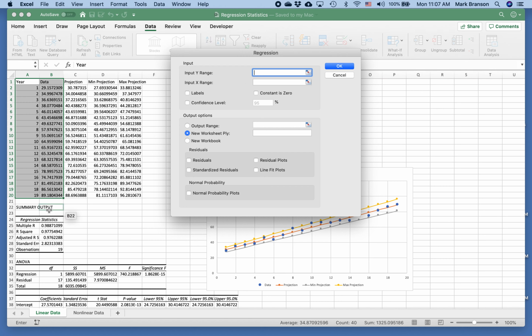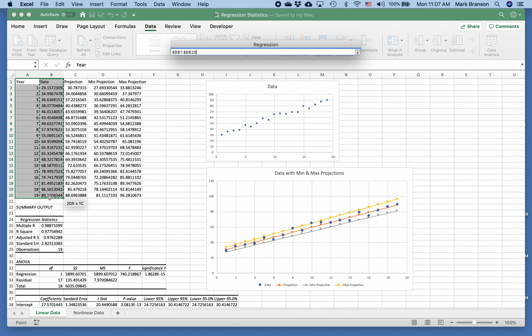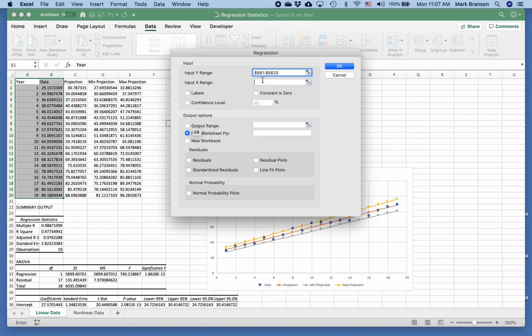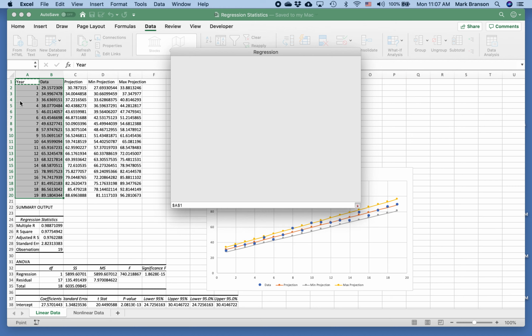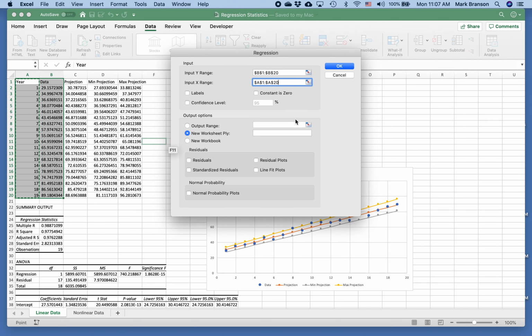I put in my Y range, B1 through B20, put in my X range, A1 through A20, selected labels, put an output range and told it to drop it down here in A22.